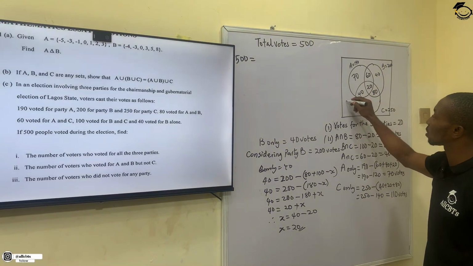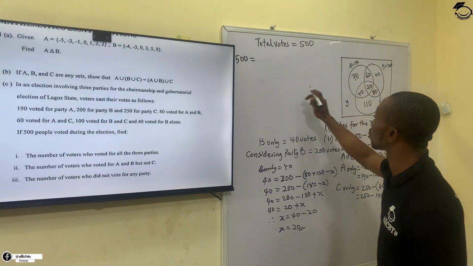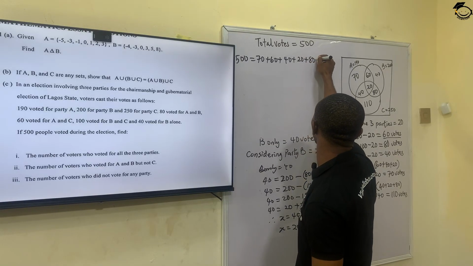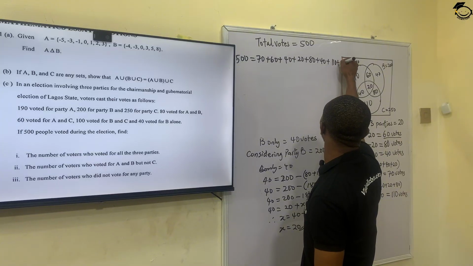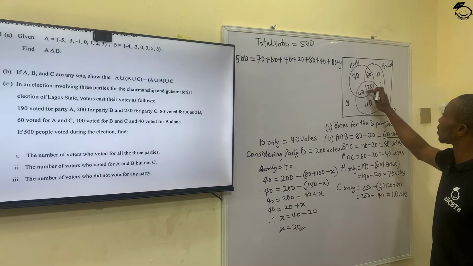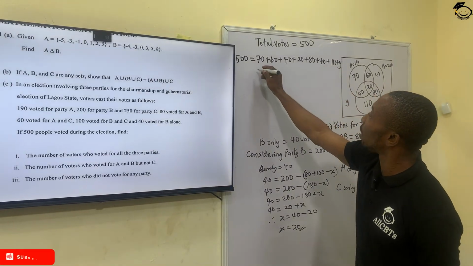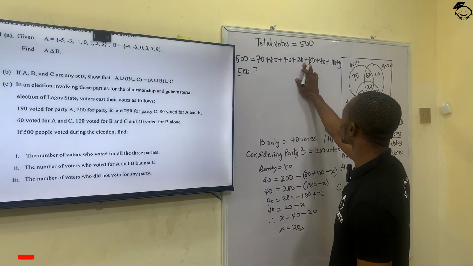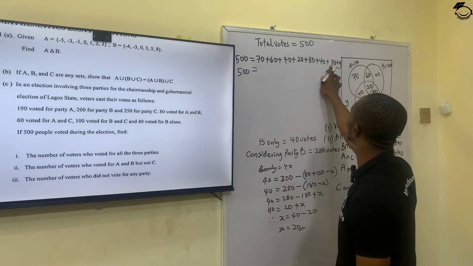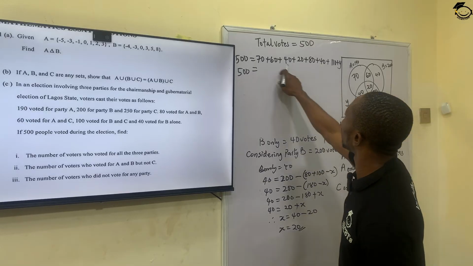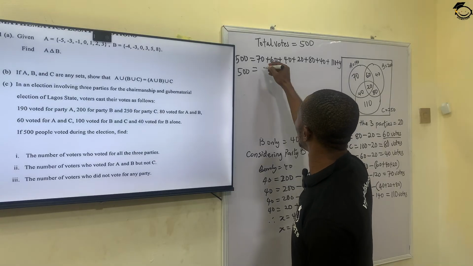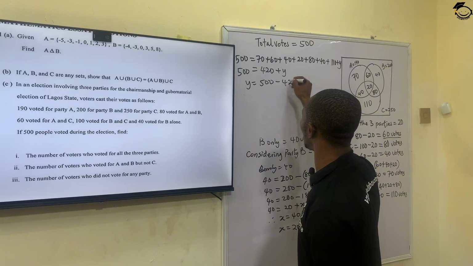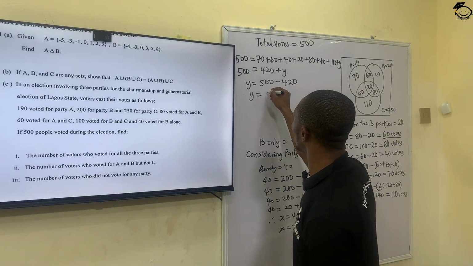Okay, so those that didn't vote for the party, let's call it Y. So summation of all these numbers plus Y. So we have 70 plus 60 plus 40 plus 20 plus 80 plus 40 plus 110 plus Y. Now, adding this up, we have 500 equals 420 plus Y. Okay, so Y would be 500 minus 420, which will be 80.